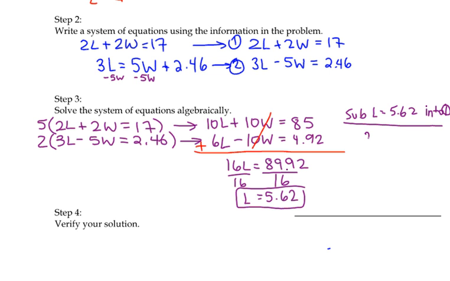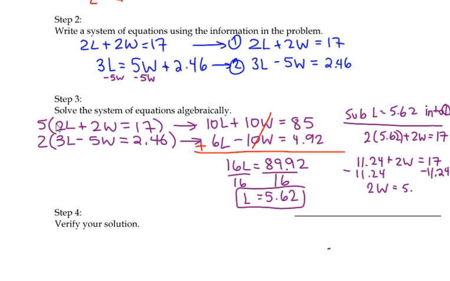So 2 times 5.62 plus 2W has to equal 17, which gives us 11.24 plus 2W equals 17. Subtract 11.24, which gives us 5.76. Divide by 2, and that gives us W equals 2.88.